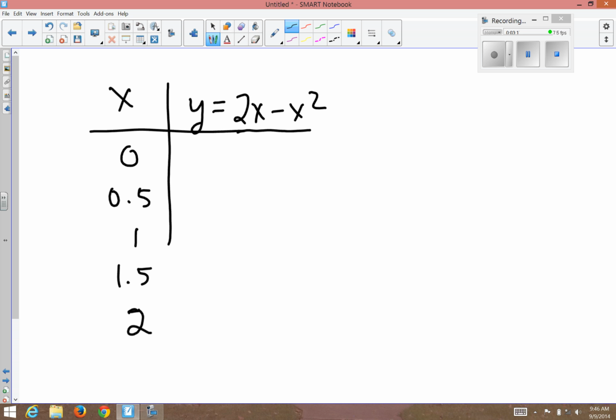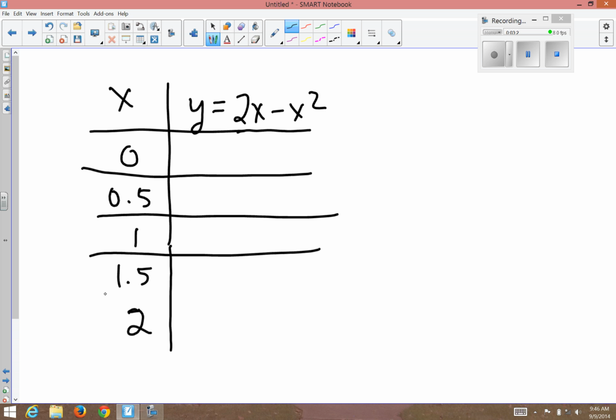So I'm going to put all of this in my calculator. When x is 0, y is 0. When x is 0.5, y is 0.75.